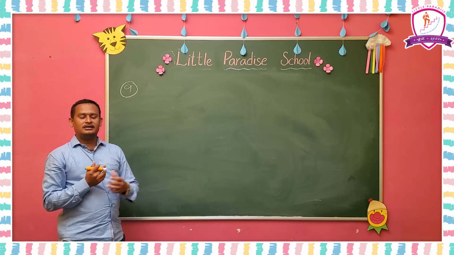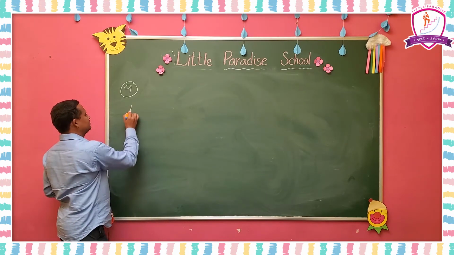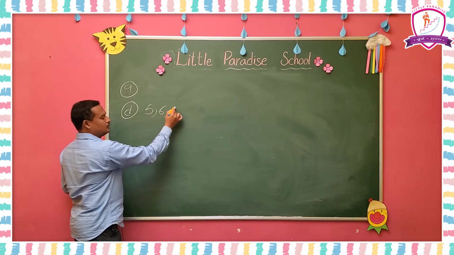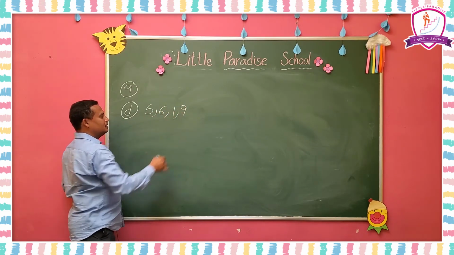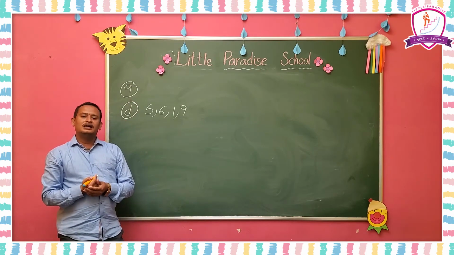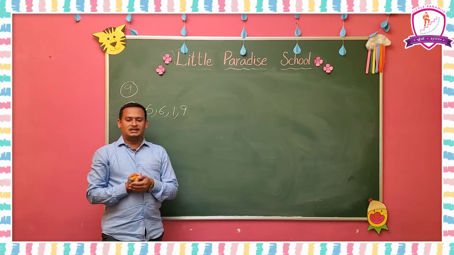In the 9th question, I am going to explain another one, that is D. D is 5, 6, 1, 9. Here, what is the condition given? Digit 1 is always in ones place.